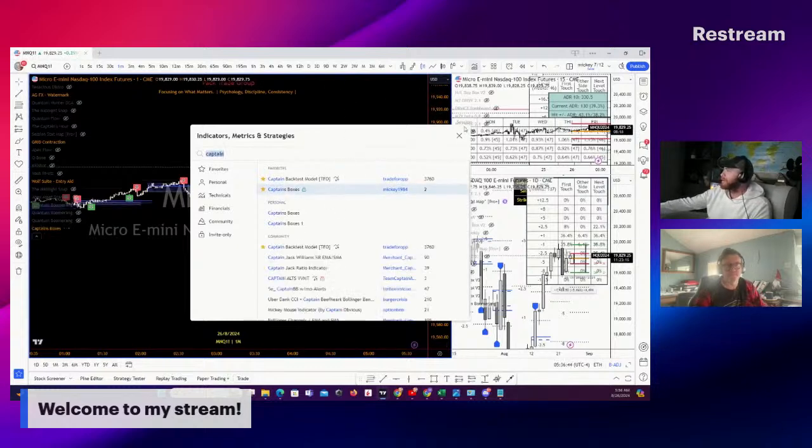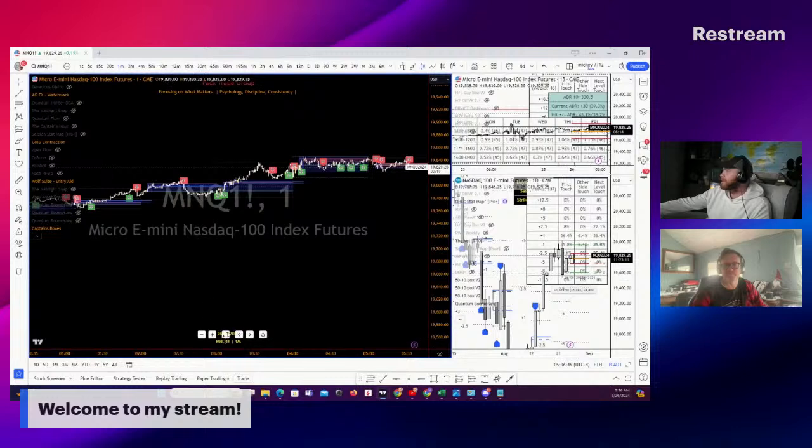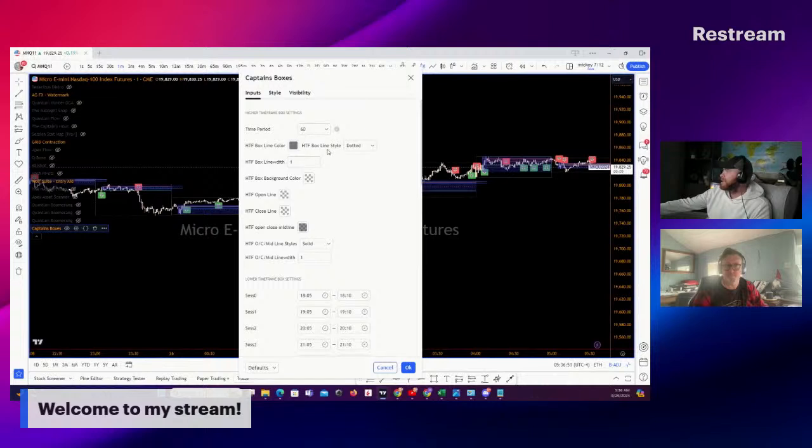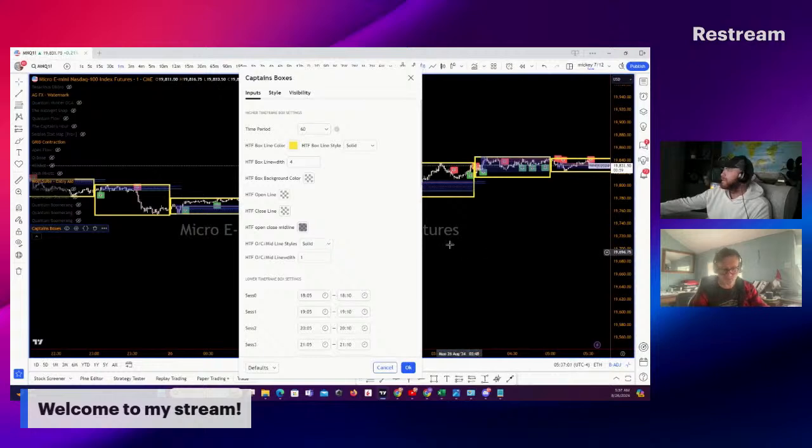Well, this is good because now you guys can see how I personally set them up. So they're on. Because I use a darker background, I like for this to pop. That might be a little bit obnoxious. There we go.